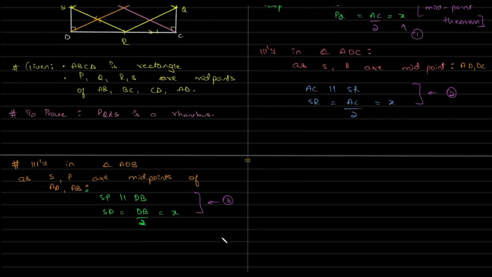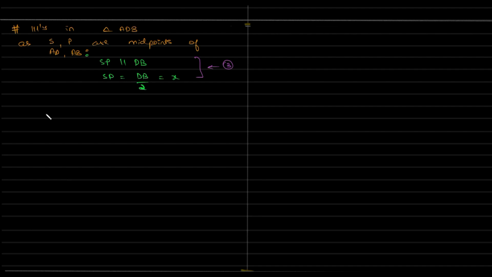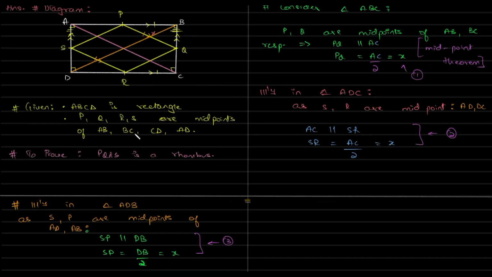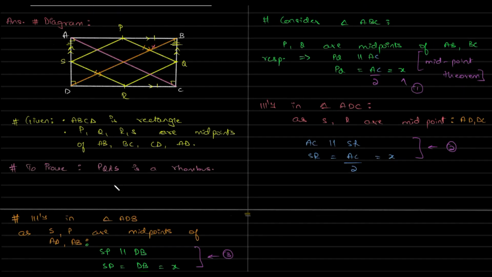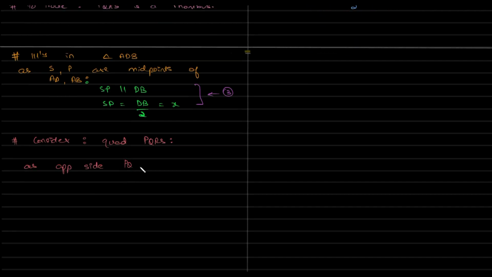Okay, so we can tell that, consider quadrilateral PQRS, as opposite sides PQ is equal to SR and PQ is parallel to SR. What can we imply?